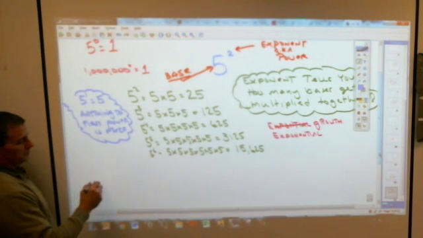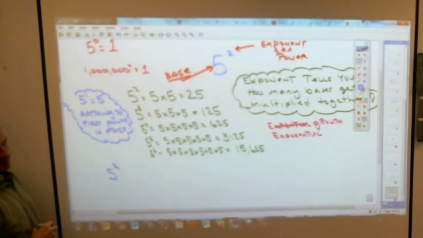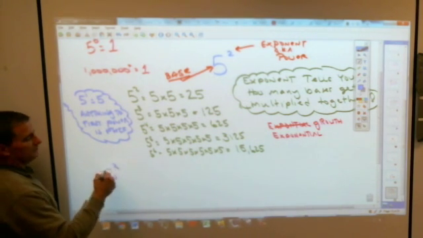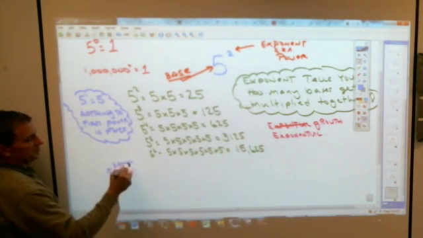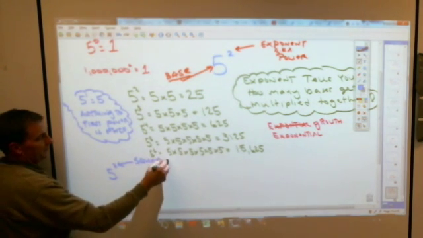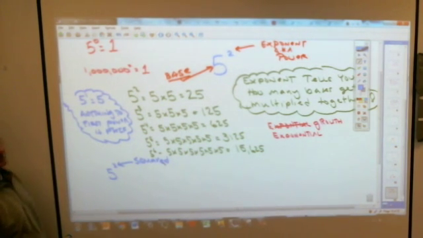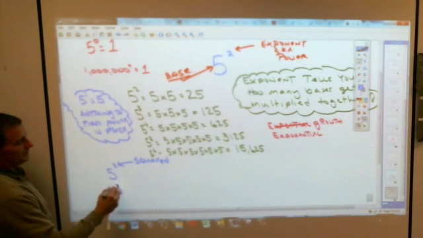With these two special ones, an exponent of 2 is usually not called 5 to the 2nd power, but we usually say squared. 5 squared is 25. We don't usually say 5 to the 2nd power or 5 to the exponent of 2. And the same thing with 5 to the 3rd power.